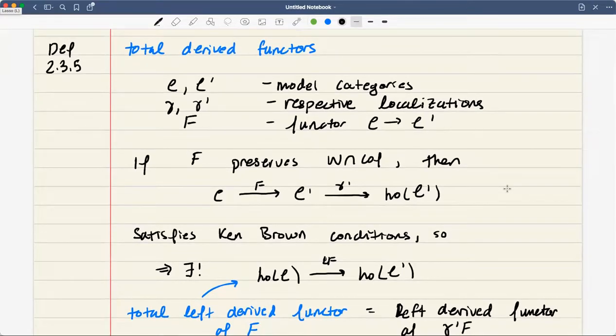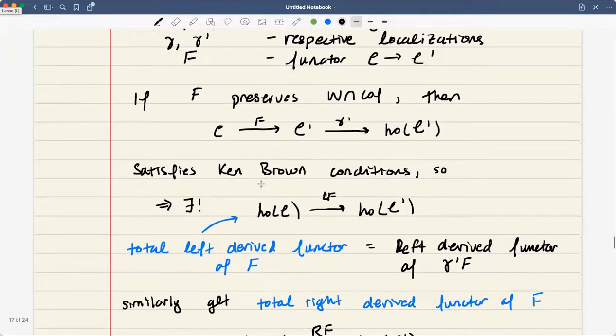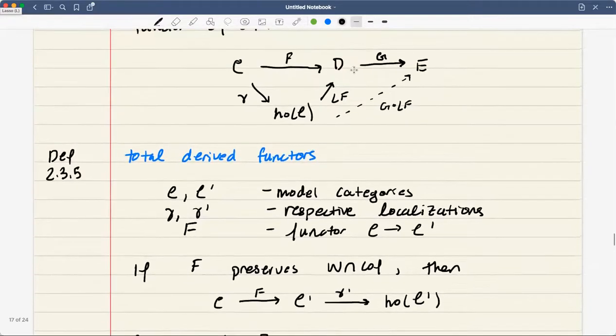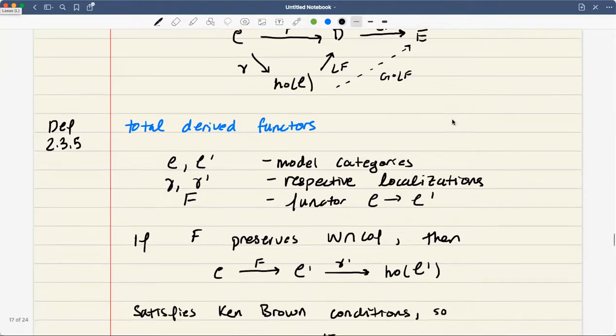Basically, the total derived functor of F is just a regular left derived functor of F, doing F first and then gamma prime. Yeah, so we had the situation above, we're just extending by localization. So that D would go here to the homotopy category. And general theory tells us we still have a left derived functor.